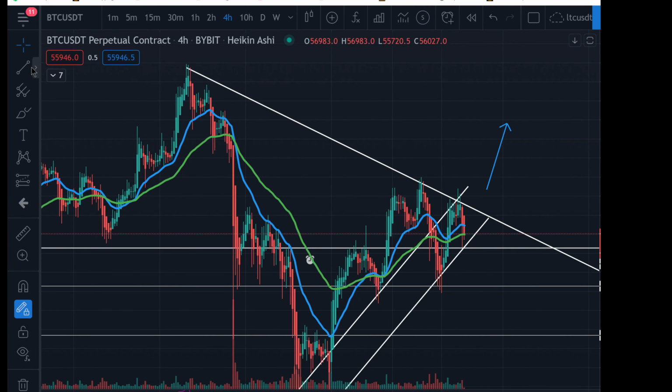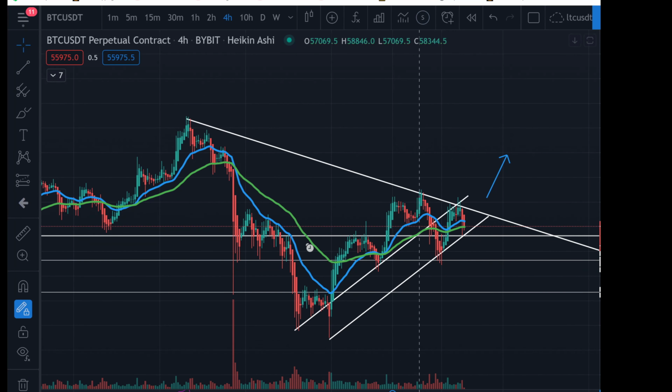Plus we had RSI right here forming this trend line, right? So this is basically when I took profit in my positions. We see here as well this trend line, right? So it bounced right here when it hit this trend line.